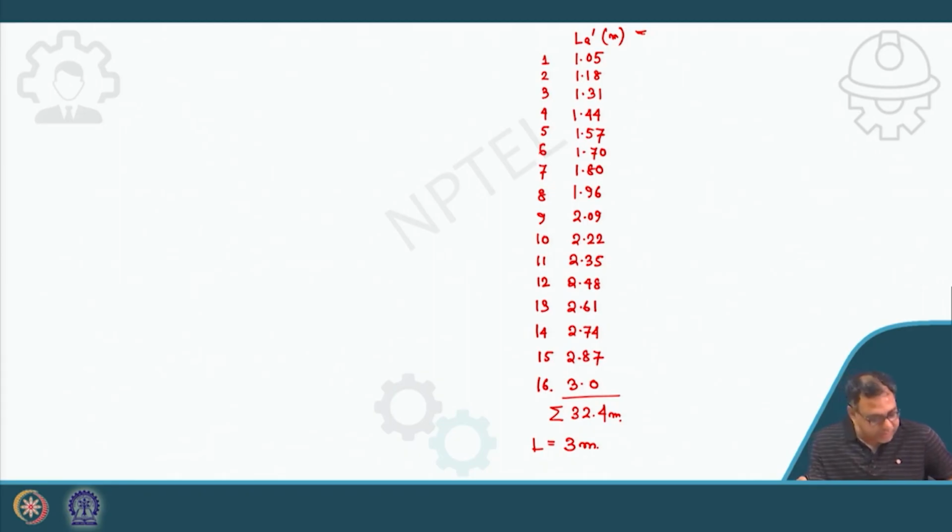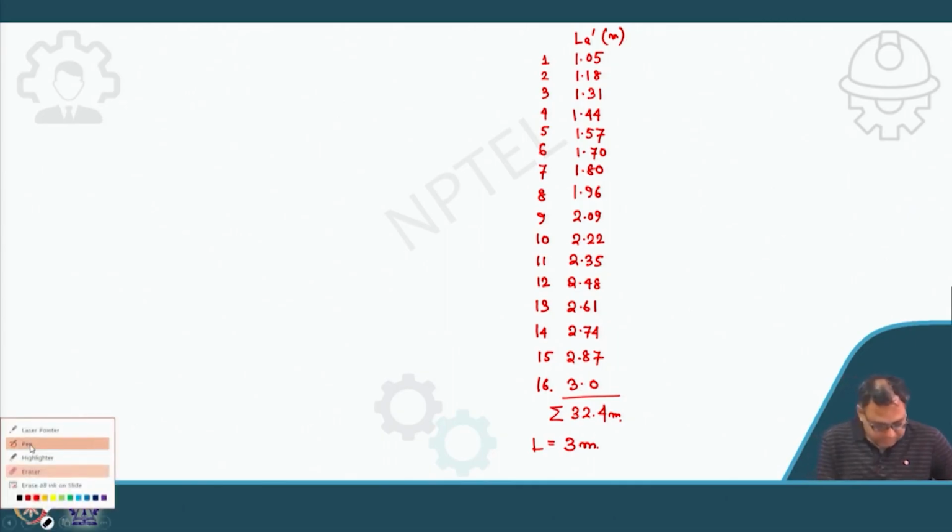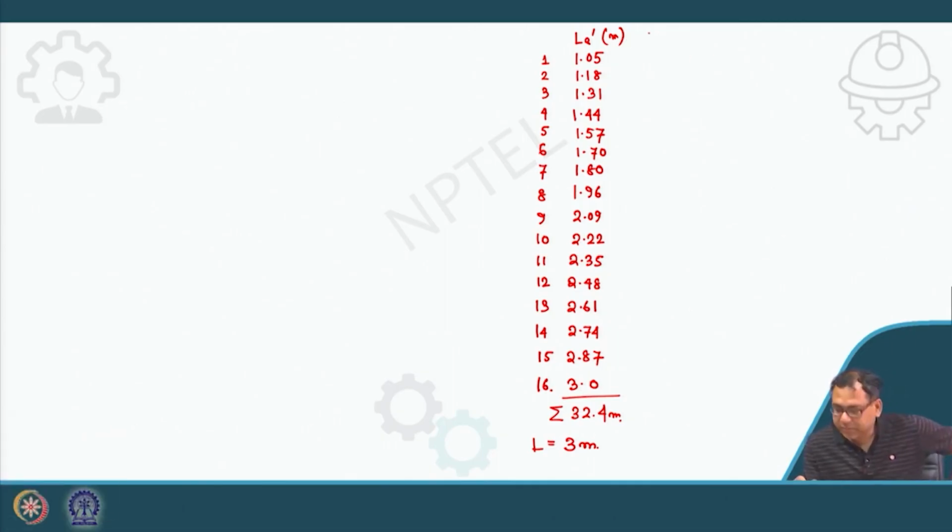This force will be distributed by P IA, then LE dash divided by summation of LE dash.